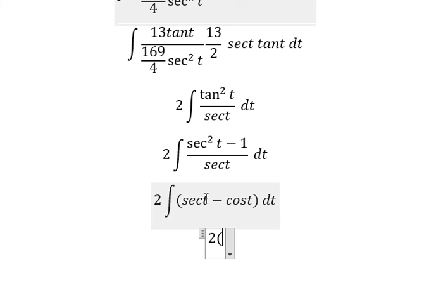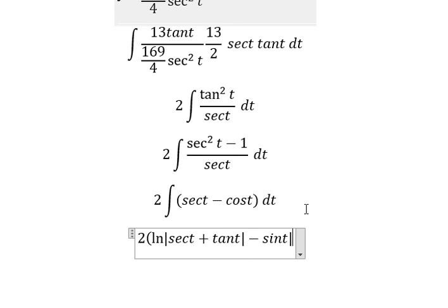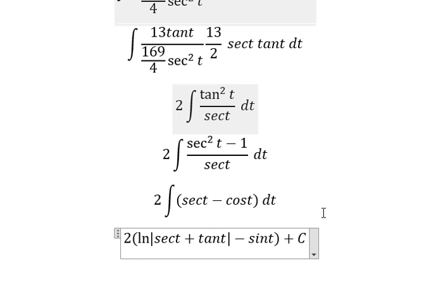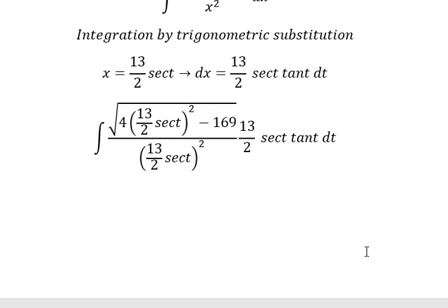The integration of secant of t, you get ln of the absolute value of secant of t plus tan t. The integration of cosine t, you get sine t. And we put c in here. About t, that is this one. So we divide both sides by 13 over 2.